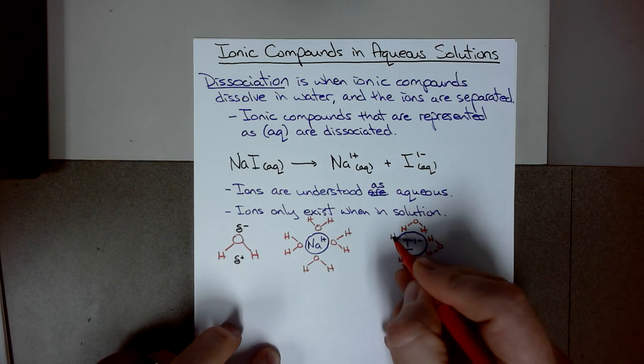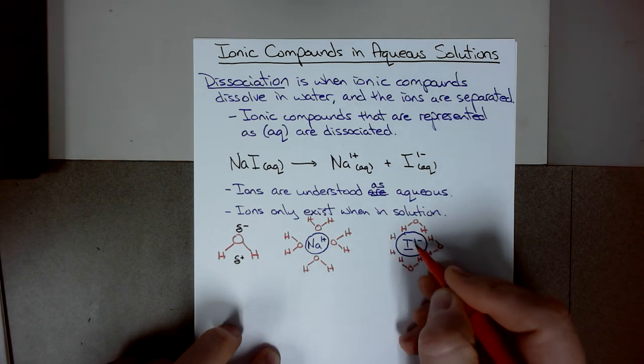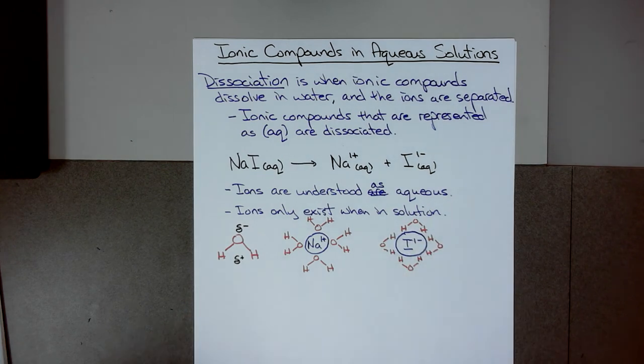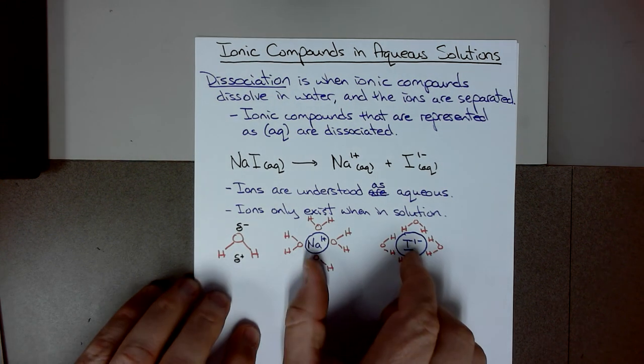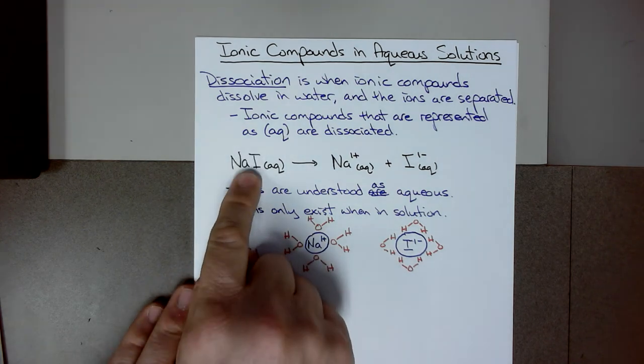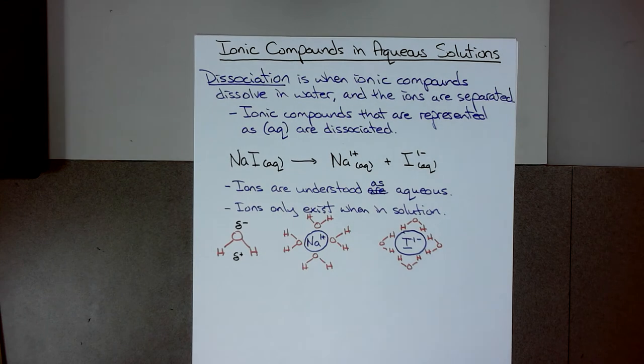And these ions do not exist as charged species unless they are protected by the water. So ions only exist when they're in solution or dissolved in water. Otherwise, when you remove the water, these ions are then reattracted to each other and they become an ionic compound solid with the crystalline structure.